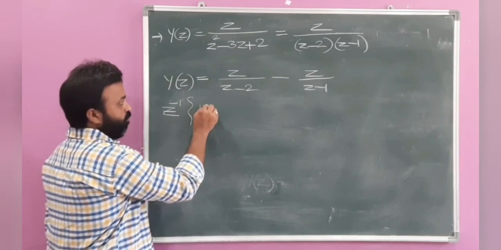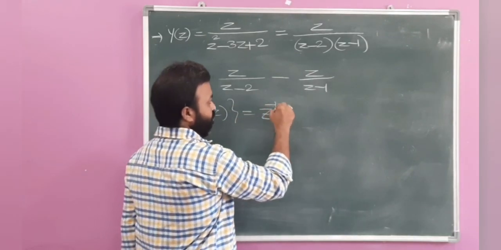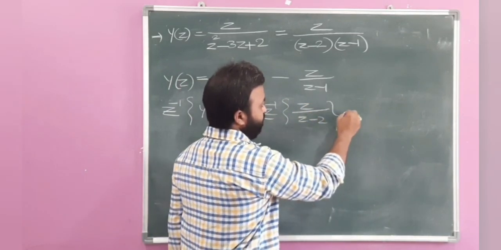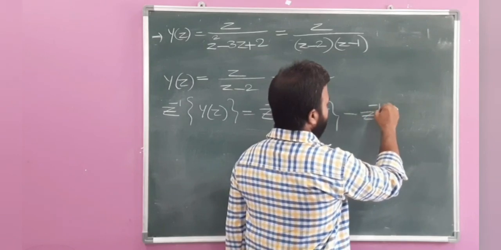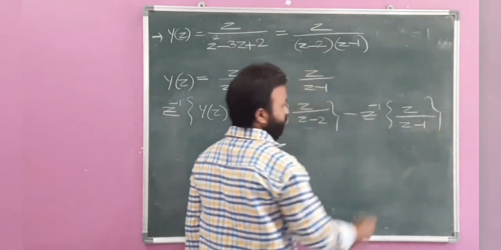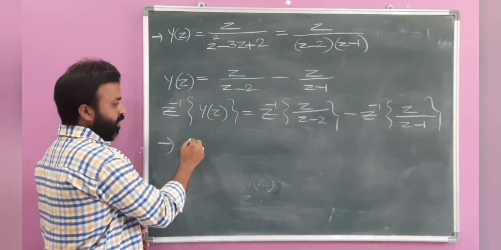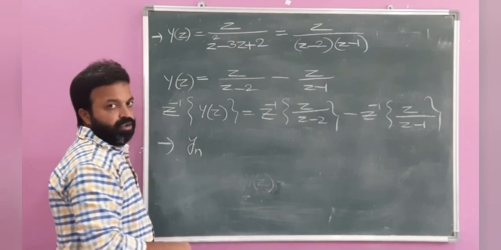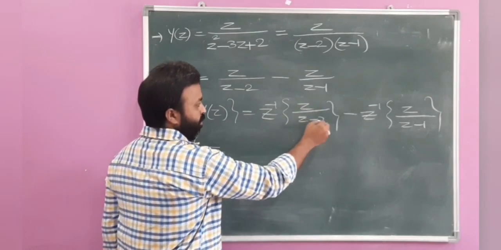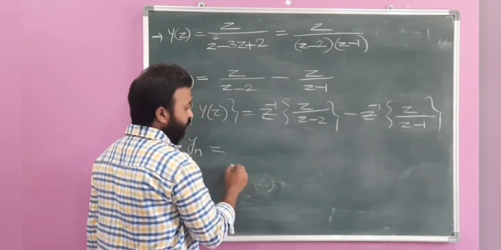To get y(n), I apply inverse transformation on both sides. So Z inverse of Y(z) equal to Z inverse of z by z minus 2 minus Z inverse of z by z minus 1. So Z inverse of Y(z) gives y(n), equal to Z inverse of z by z minus 2, this is of the form Z inverse of z by z minus a, power n.